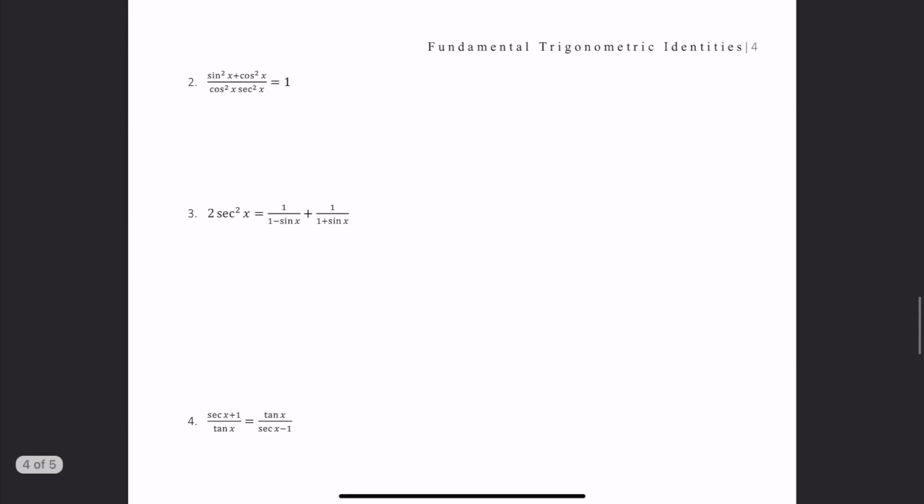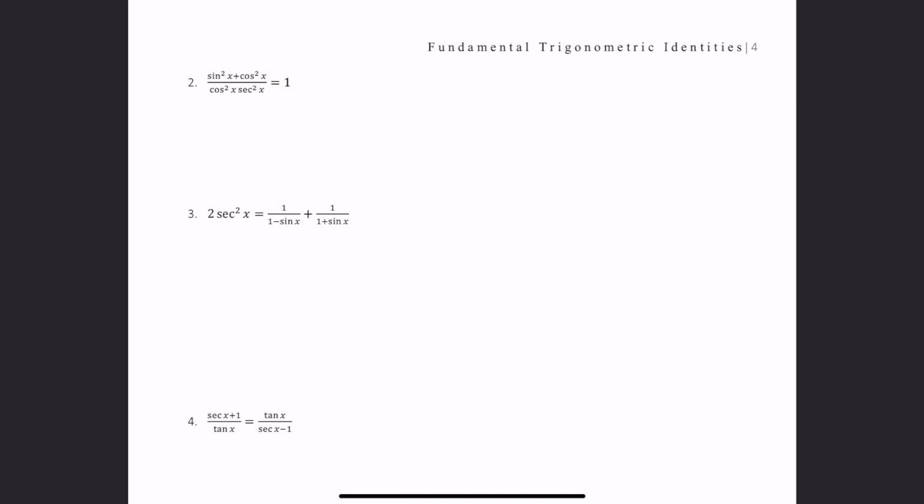Okay, so next example, we have sine squared x plus cosine squared x all over cosine squared x times secant squared x equals 1. So, like I said, this is not an equation, so you can't add or multiply anything out. Okay, so we're going to start with the left-hand side because it looks more complicated.